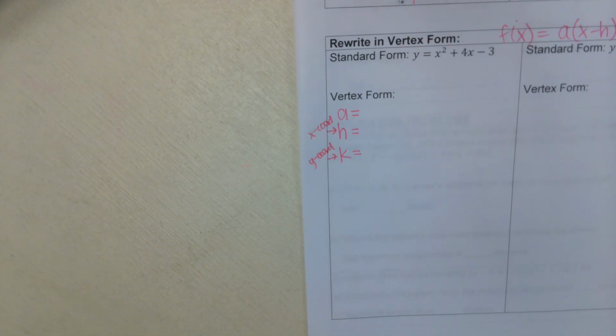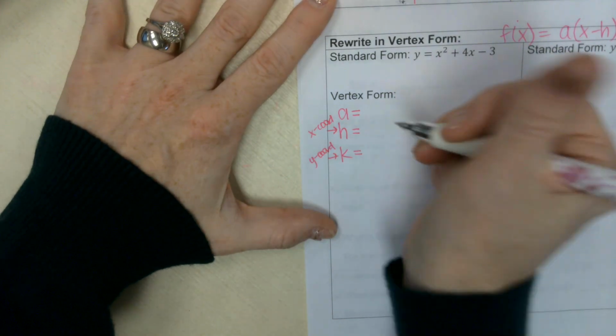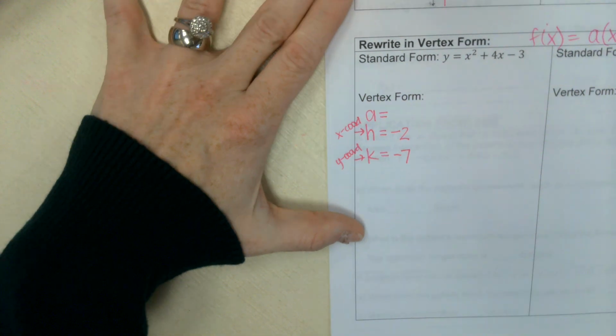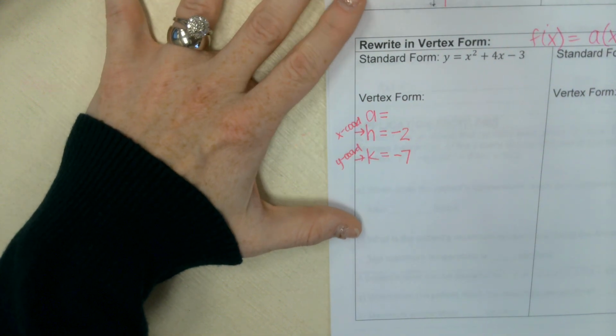I'm going to type in this function. I have x squared plus 4x minus 3. I'm going to go write down my vertex. Right here, I have -2, -7.